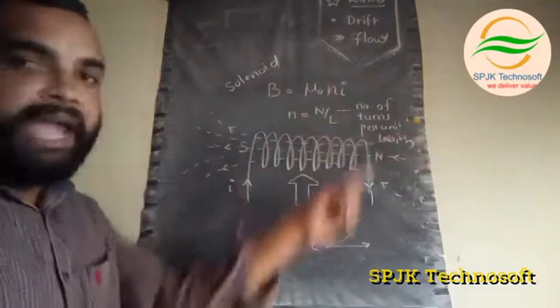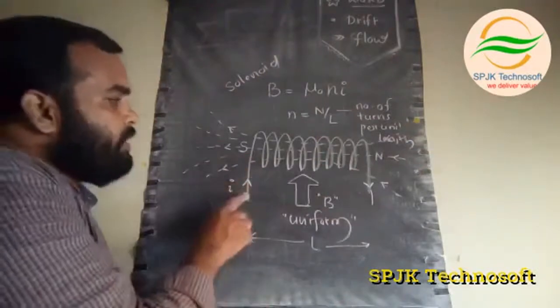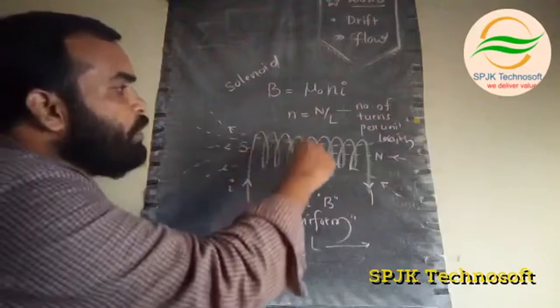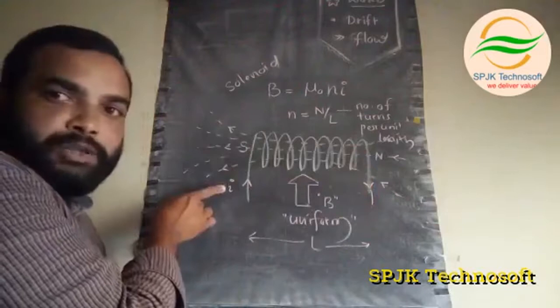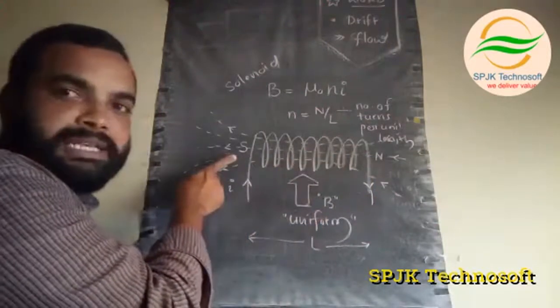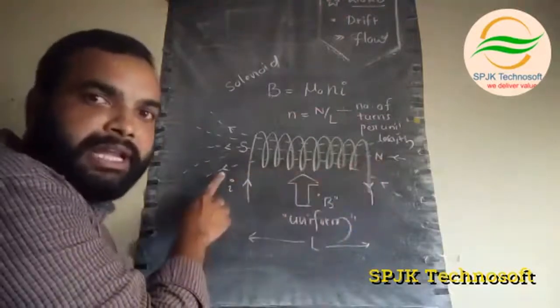Then how do we measure this magnetic field strength? Let us see how to calculate the magnetic field inside a solenoid. Once again, we have taken a current carrying conductor wound in the shape of a spring. Whenever current I passes through it, one end of the solenoid acts as a south pole and the other end acts as a north pole, based on the current direction.